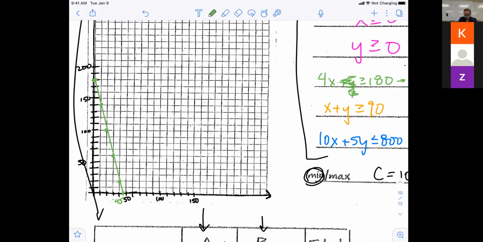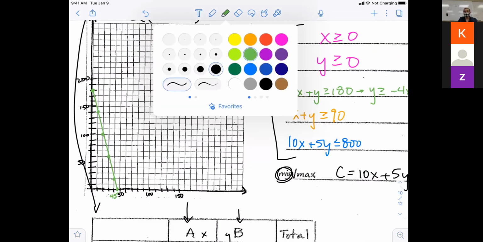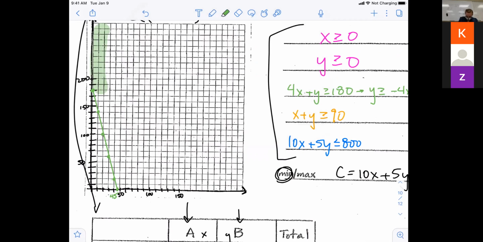I have to graph and shade greater than, so I'm going to go everything above this. Okay. Now I got to do my other one.